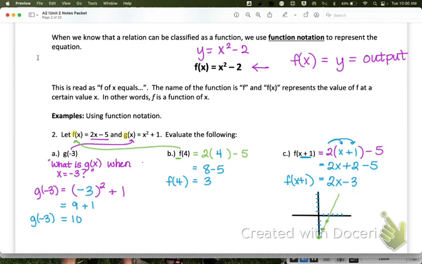That line looks like this. Now the new function we got is 2x minus 3. That one has a y-intercept of negative 3 and a slope of up 2 over 1. Again, so that line is here. All we did was take this function and slide it over 1 unit to the left.